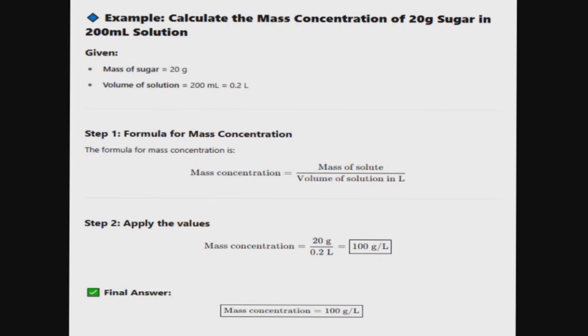So whatever they give you, if it's not in liter, it must be converted to liter before you do your calculation. Your mass is 20 gram, and your volume, after you have converted it from milliliter, will be 0.2 liter. And then when you do your calculation, it will give you 100 grams per liter. That's your final answer.